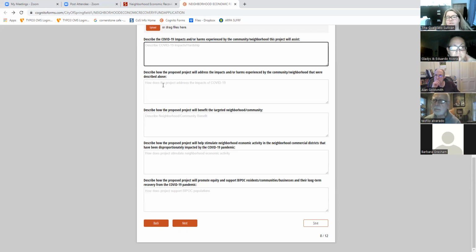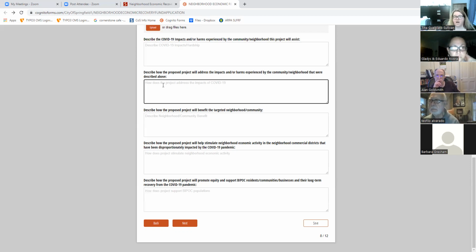And then you go on to describe how your proposed project would address those harms. So again, if you're doing a storefront improvement, this funding is going to address not just your individual business harms, but you're also putting in how it's going to benefit the community. So maybe your business is some kind of food market, right? And so you're going to do this great facade improvement.